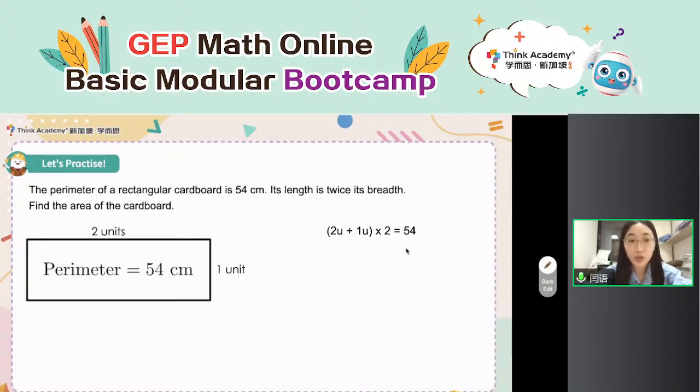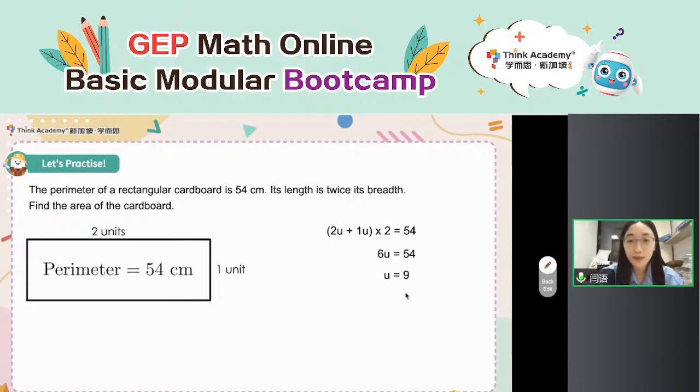Because in a rectangle, the opposite sides are equal to each other. So here we need to times 2. So when you think backwards, altogether 6 units, that is 54, or you can get 3 units, that is 54 divided by 2.